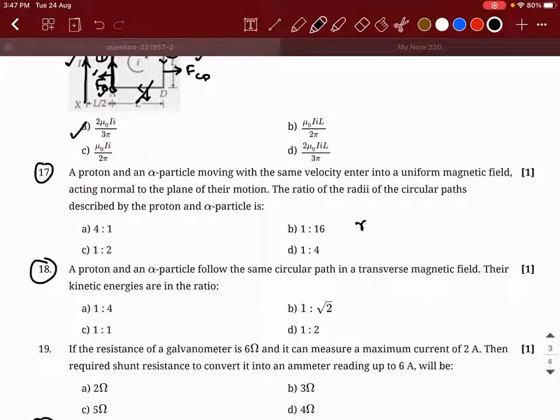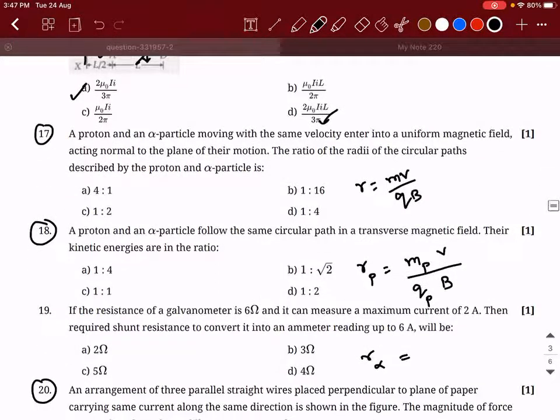R is equal to mv divided by qB. They both are projected with the same velocity. So the radius of the proton is how much? Mass of proton into velocity divided by the charge of proton into B. What is the radius of the alpha particle? What is the mass of the alpha particle in terms of the mass of the proton? The alpha particle contains a charge of plus 2e and a mass of 4 times mp.